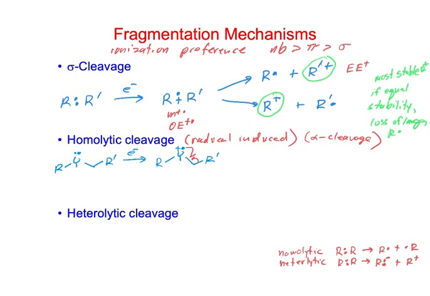And that bond is going to homolytically cleave. So this bond right here, one electron is going to go to the left, one electron is going to go to the right. And what we get out of that is this R to Y. We're going to have a double bond over here now, still with a plus charge on it. And we're going to lose this R prime radical.